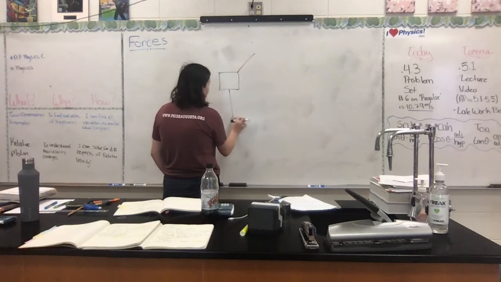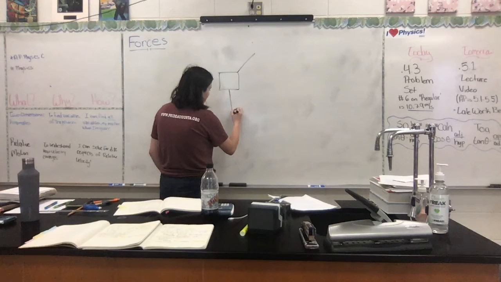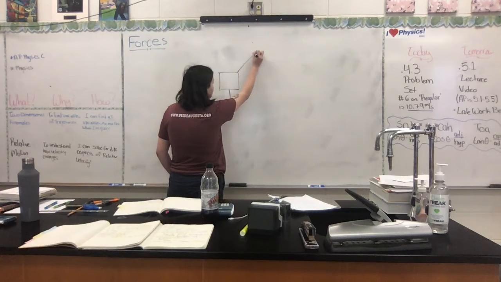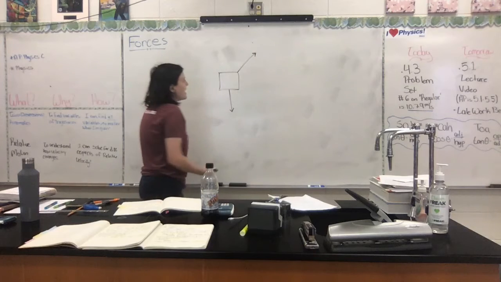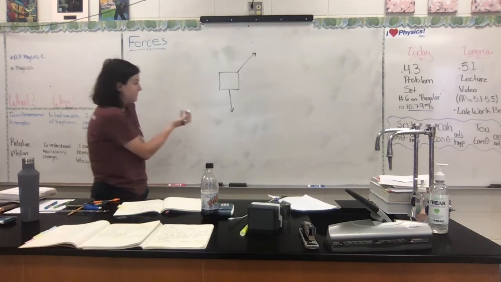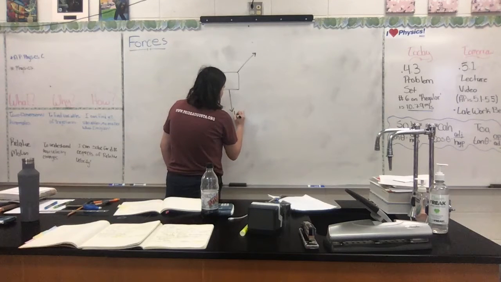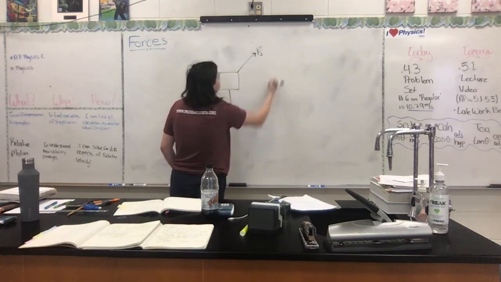Well, thankfully, since we're already doing this on a box, it's like we've already drawn our vectors, right? We just got to add those little arrows. And we need to know what the force is overall acting on this object. So we'll say this is force 1 and this is force 2.